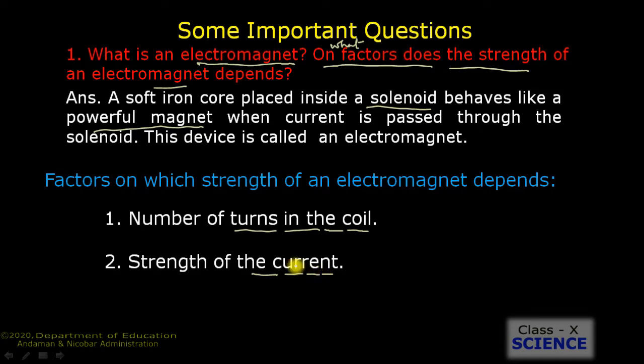And the third one is the nature of the core material. A core of magnetic material, like soft iron, increases the strength of the electromagnet. So these are the three most important factors on which the strength of an electromagnet depends.